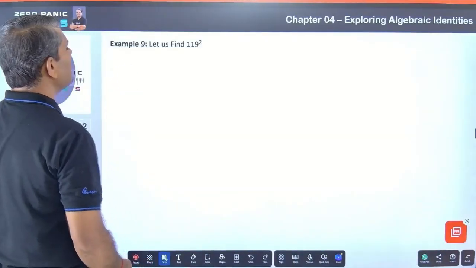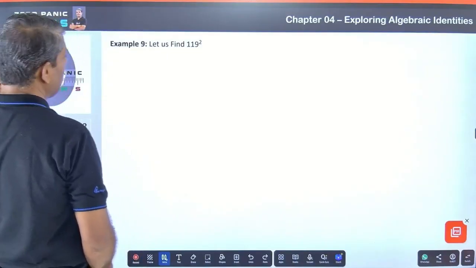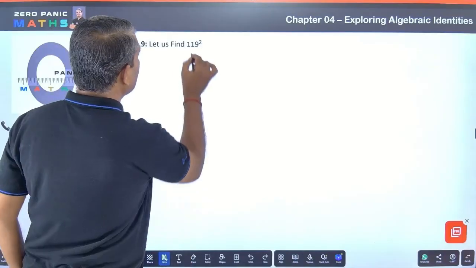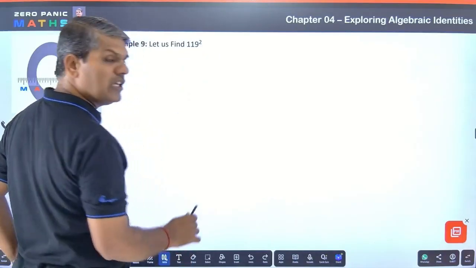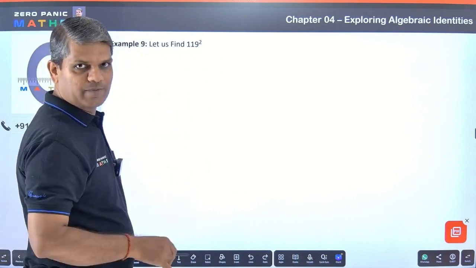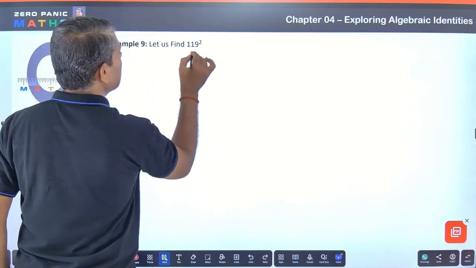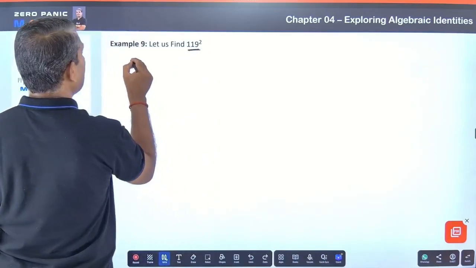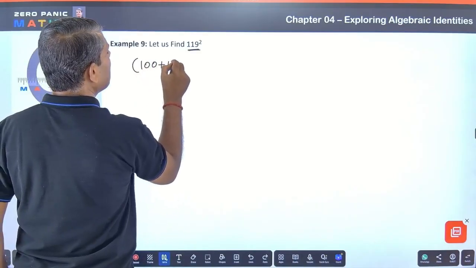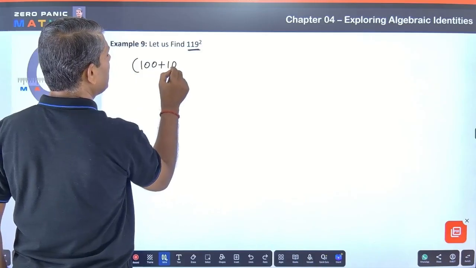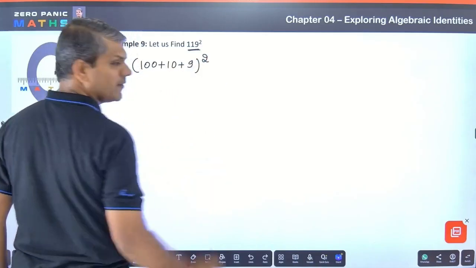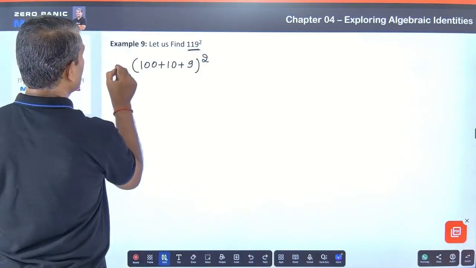Now let us have some worked examples, to calculate some arithmetic problems using the identity (a plus b plus c) whole square. Let us write 119 square as 100 first, then 10, multiples of 10 I'm writing, and finally a 9, all squared.